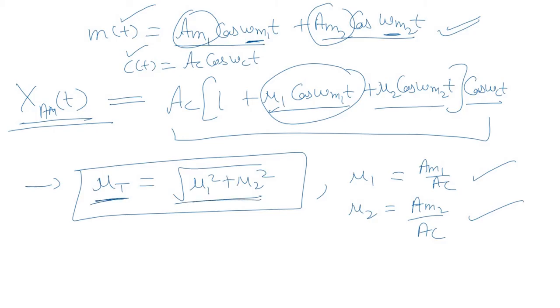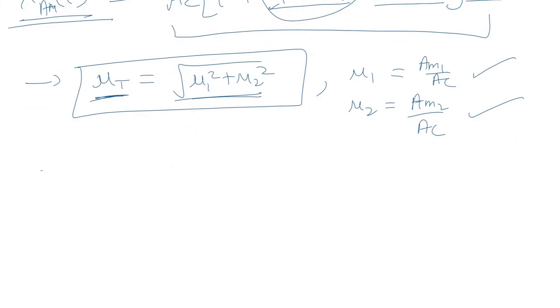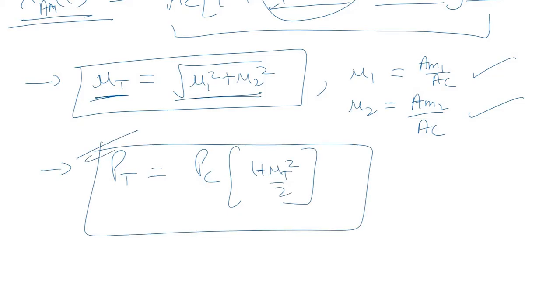Alright. And similarly, the power required to be transmitted is PT, that is Pc into 1 plus mu t square by 2. Now for the multi-tone scenario, it will be mu t instead of mu, right?